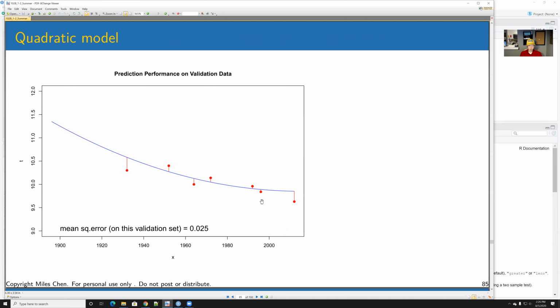For the quadratic model, this is the amount of error. Some of these are close, some a little bit farther, and we take the average, the mean squared error for this validation set, and we have 0.025. So that's the quadratic model.